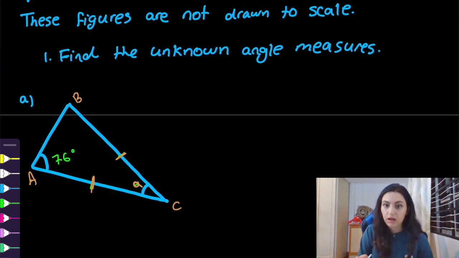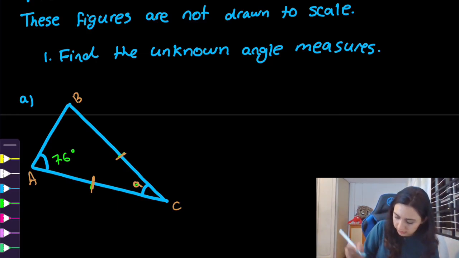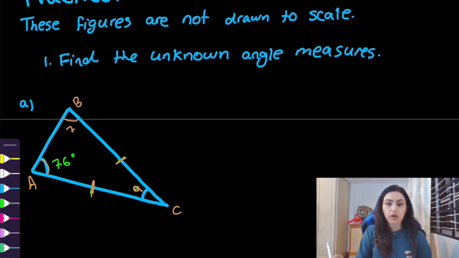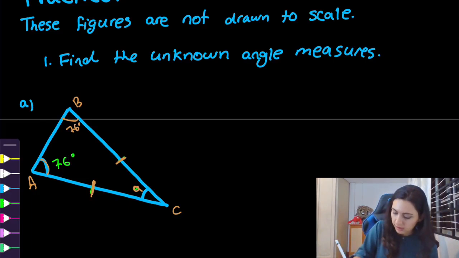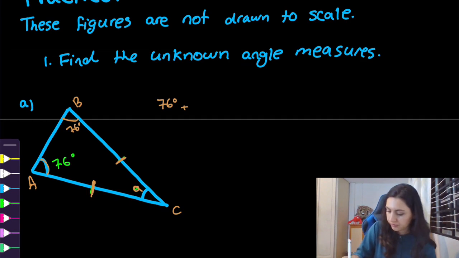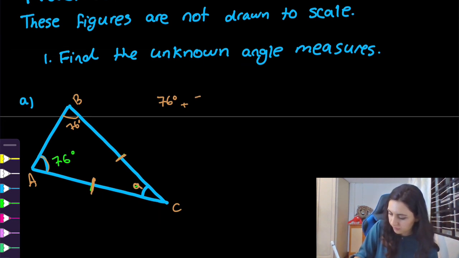So this is an isosceles triangle. So I know if this is 76, this one has to be 76. How do I know? Because it's shown in the figure that these two sides are the same. So if this is 76, this one is 76. So we say 76 degrees plus 76 degrees will be 152 degrees.